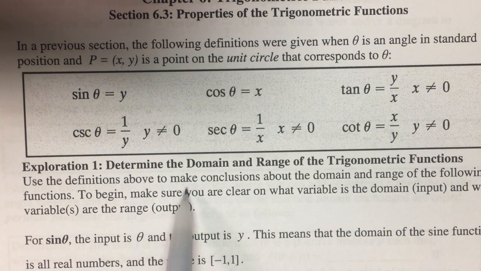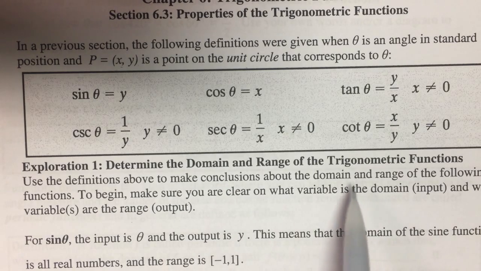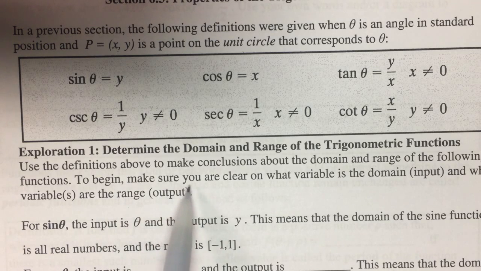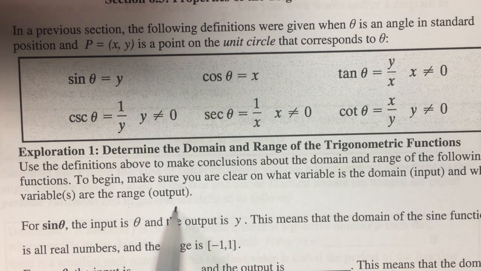Use the definitions above to make conclusions about the domain and the range of the following functions. I'm going to, of course, help you out with that. To begin, make sure you're clear on what variable is the domain, which is the input, what goes in, and what variable is the range, which is the output.